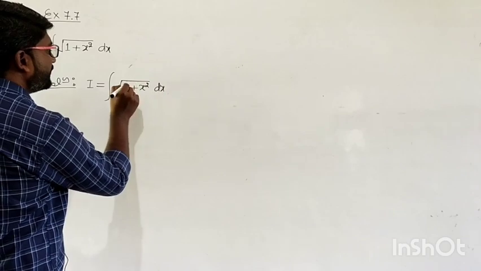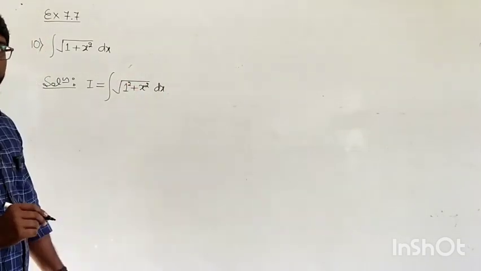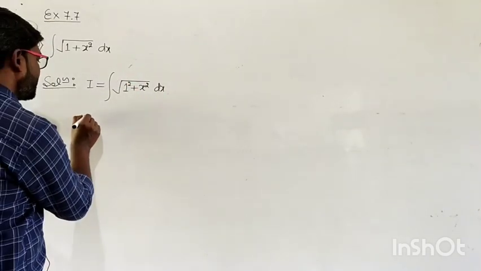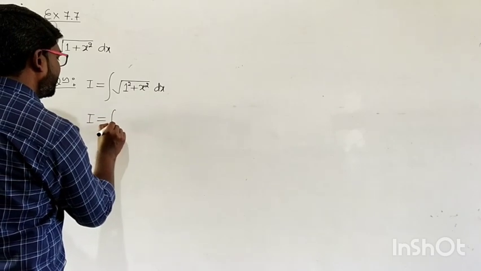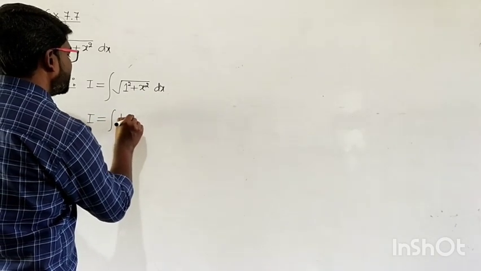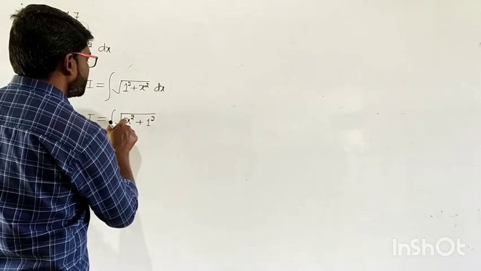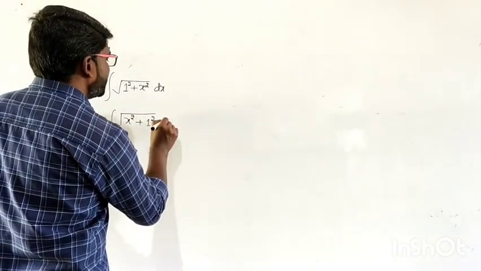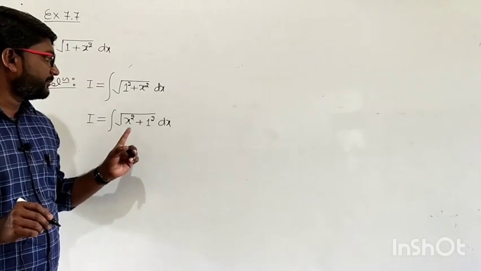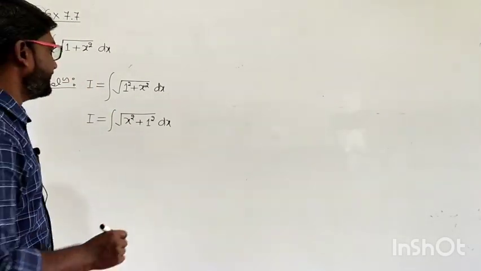So here 1 can be written as 1 square. That means I is equal to integral square root of x square plus 1 square. So now this is there in the standard form under root x square plus a square.